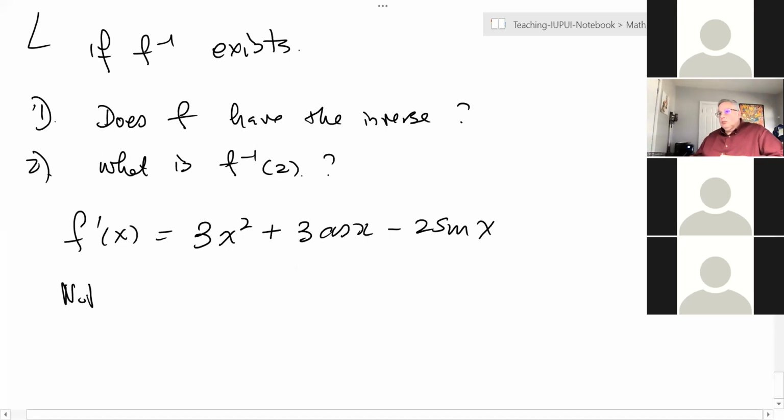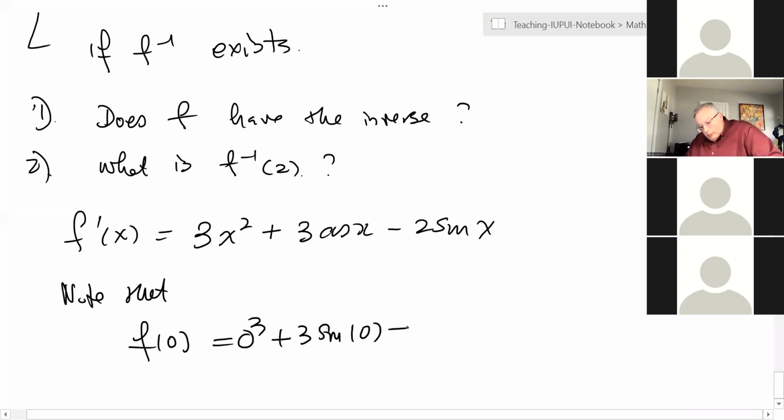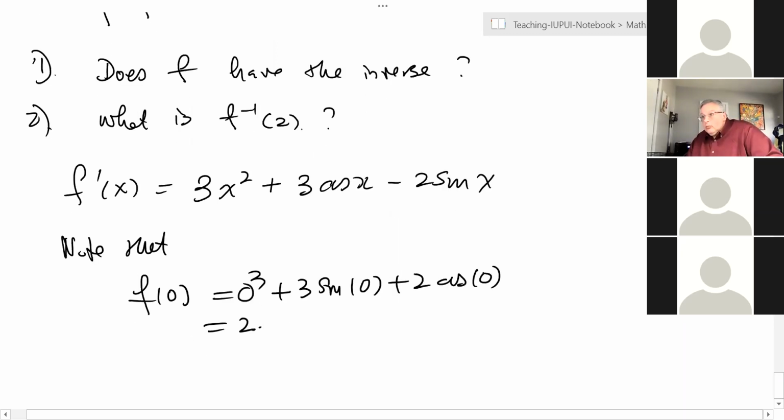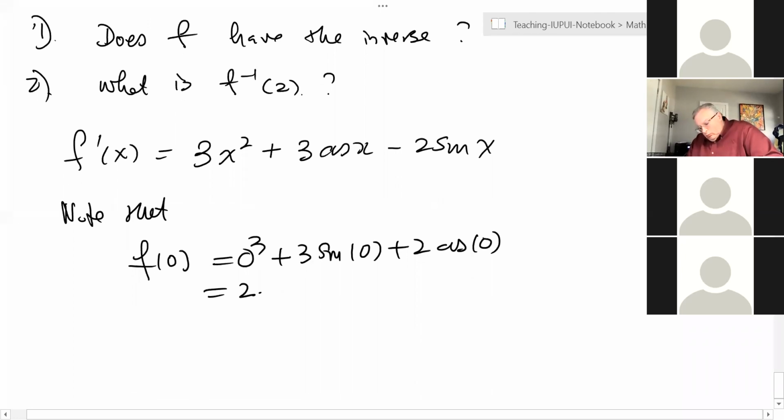I note that when x equals 0, I get 0 cubed plus 3 sine 0 plus 2 cosine 0, which is going to be 2. And for x close to 0, this is almost 0, this is almost 0, only this one is close to 3.